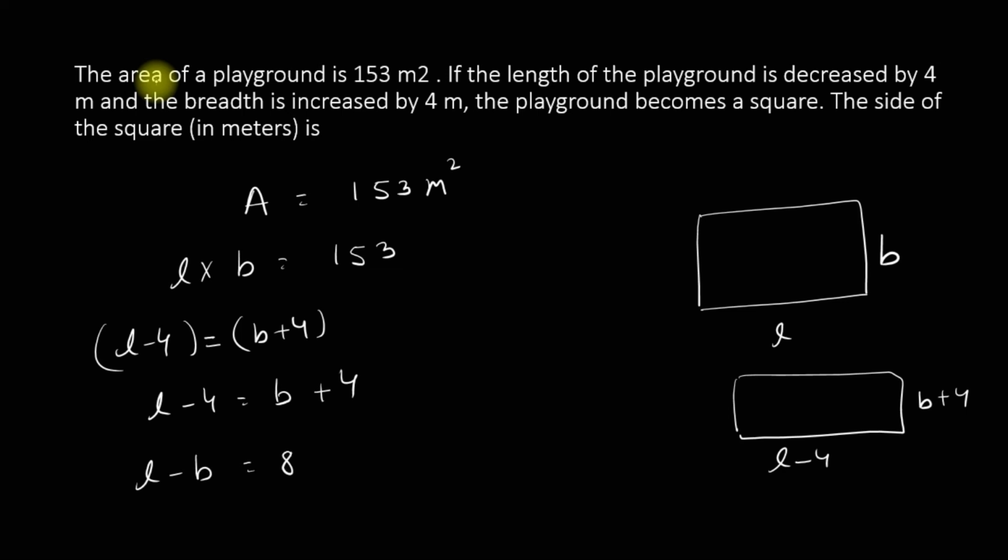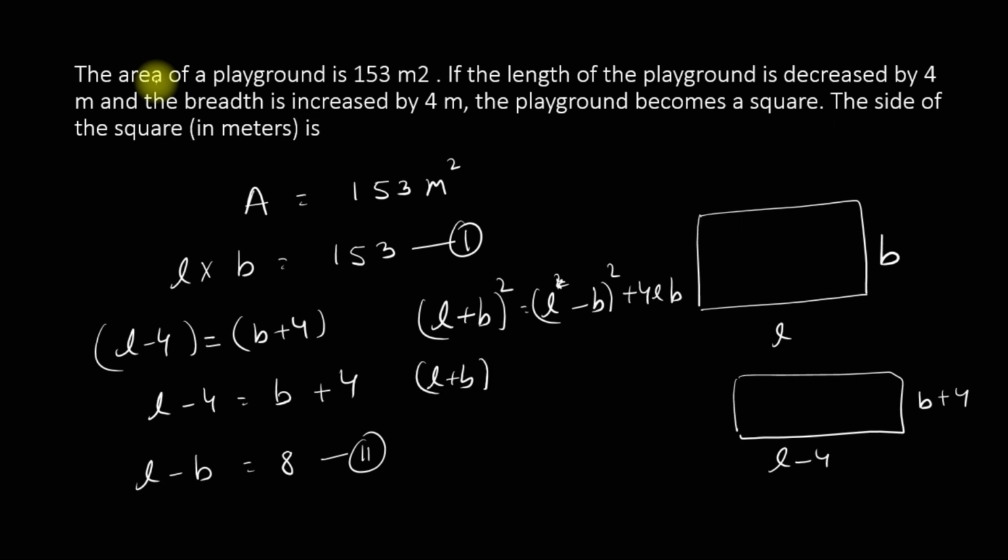Now we have two equations, L into B is equal to 153, L minus B is 8. So we have a formula that (L plus B) square is equal to (L minus B) square plus 4 into L into B. So L plus B square is equal to (L minus B is 8) square plus 4 into L into B is 153.